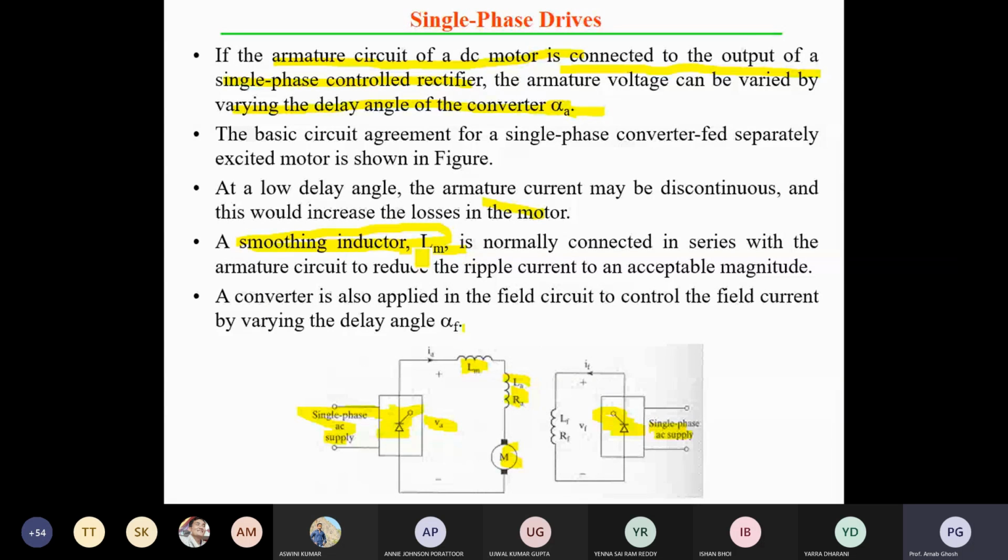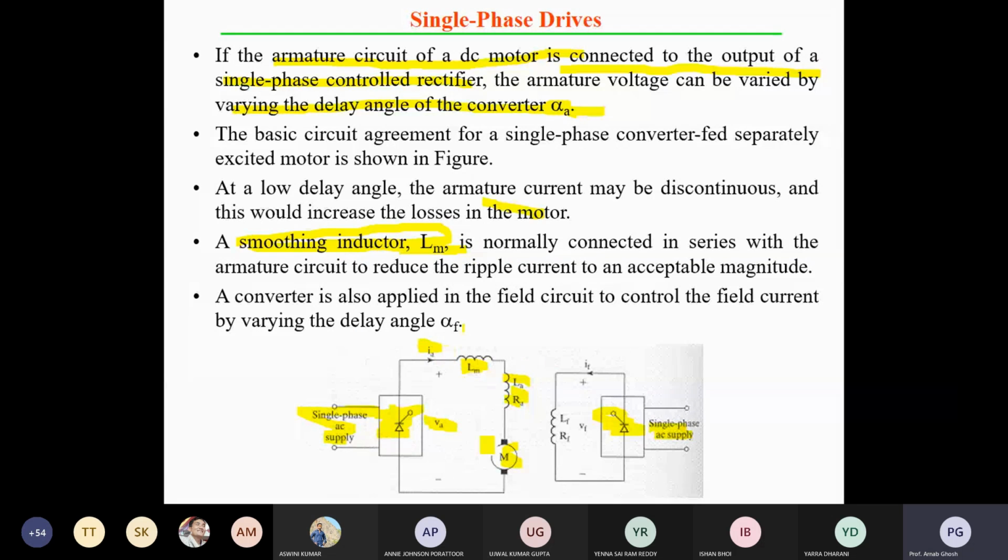Okay, that you can observe in the locomotive or the EMU also. There is one box named the smoothing reactor. So that provides you the fixed DC value, more or less fixed DC value, to the motor.